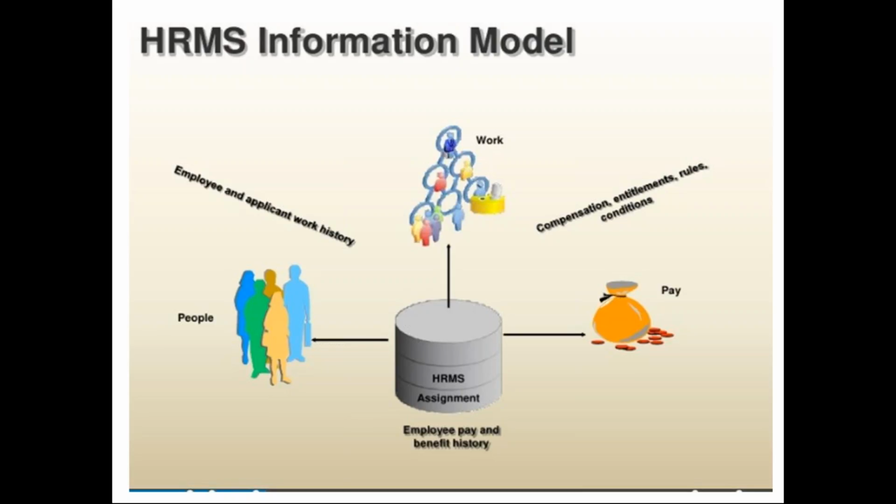We will not pay them salaries. We pay the vendor, and the vendor pays the salaries to the employees. If it is a direct employee, we pay the salaries to our own employees.